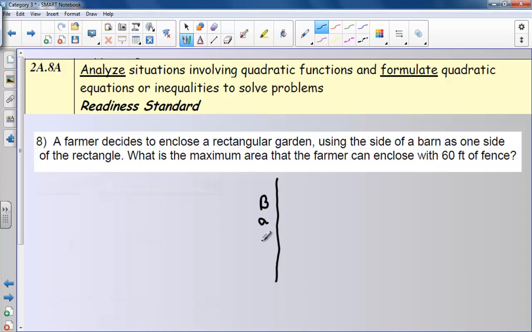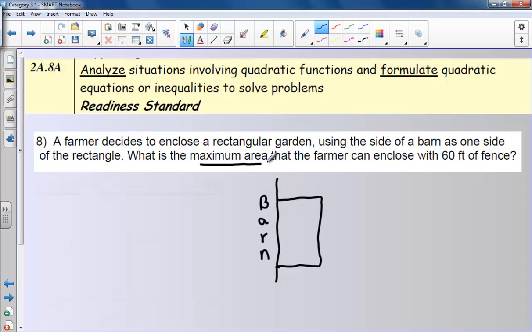So let's say this is the side of the barn right here as one side. So then he needs the rest of this. He's got three sides to his garden of fencing. So the barn side is one side of the rectangle, and then I have these three sides that are going to be fenced. And we know we have a total of 60 feet of fence. We want to know the maximum area.